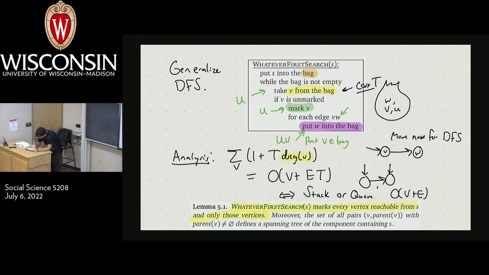But you can also use a priority queue, and then it's O of V plus E log V. So this one's going to be slower. But the benefit is the priority queue allows you to compute other stuff. Now you're not just computing paths, you're computing shortest paths, longest paths, some kind of weighted path in your graph. We'll talk more about that later, but for now I just want to point out you can use more complicated data structures and get a slower runtime.